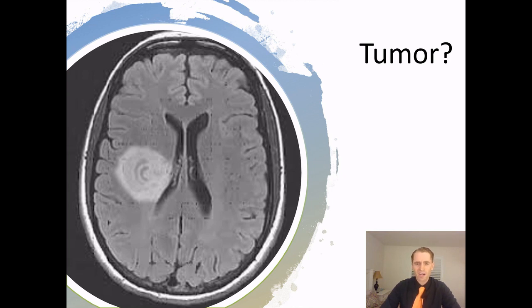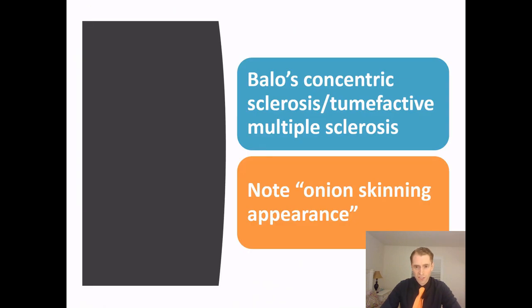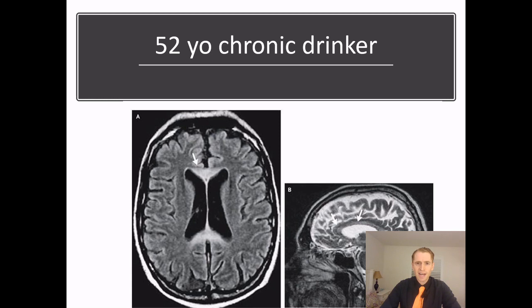It's very characteristic of this disease, which is Balo's concentric sclerosis, or a form of tumefactive multiple sclerosis. Believe it or not, there's good evidence that this disease is highly connected to multiple sclerosis and often responds to the same treatments.